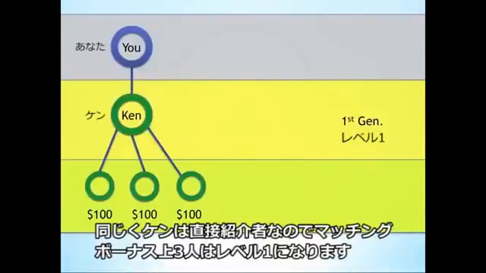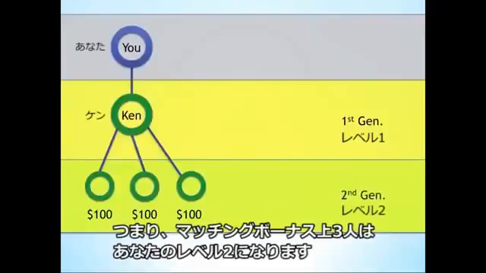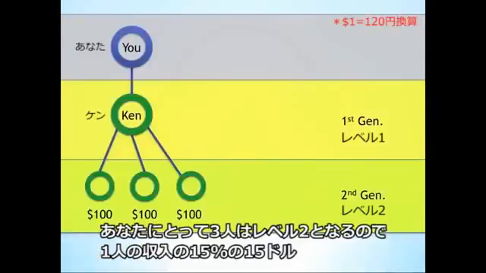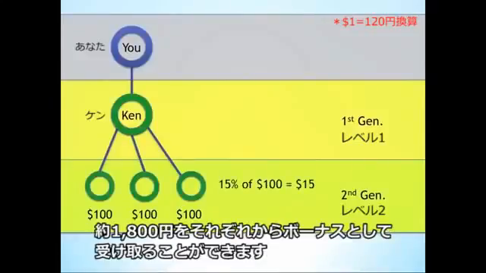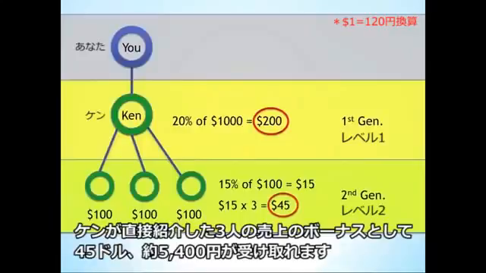So the people that Ken enrolls are on his first generation. That puts them on your second generation. If each of Ken's 3 personally enrolled people are earning $100 and they're on your second generation, you'll earn a bonus of 15% based on their earnings. So in this case, $15 each. Up to this point, you've earned $200 based on Ken's earnings and $45 based off of Ken's people's earnings.